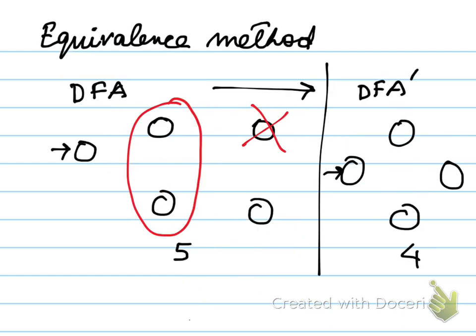The other thing that we talked about is combining states. How do we combine states? Just like we cannot eliminate just any state, we also cannot combine just any two states.